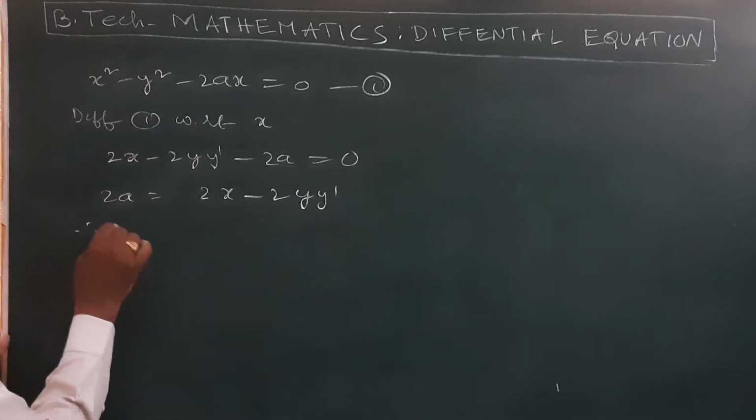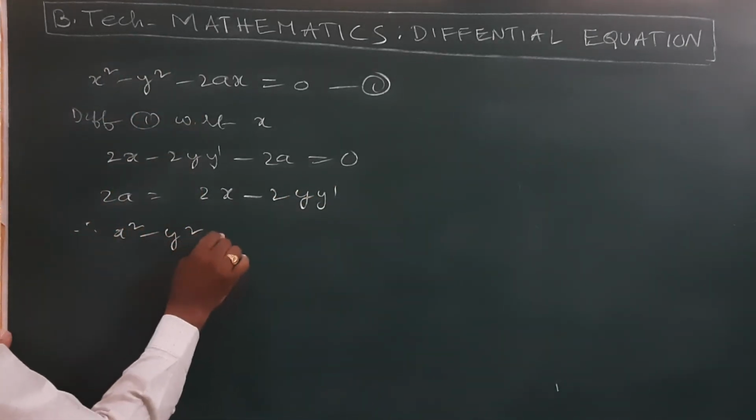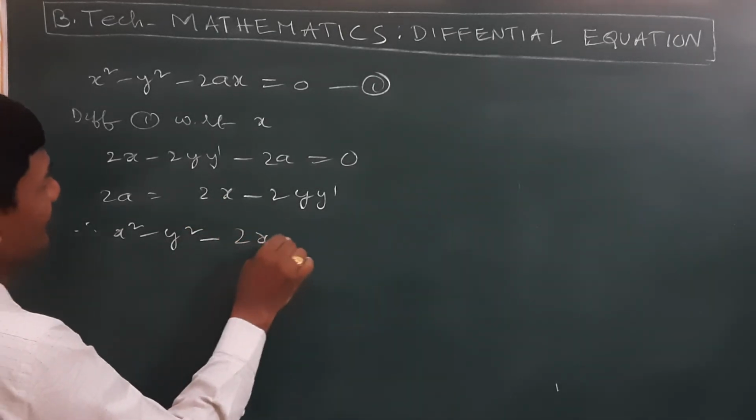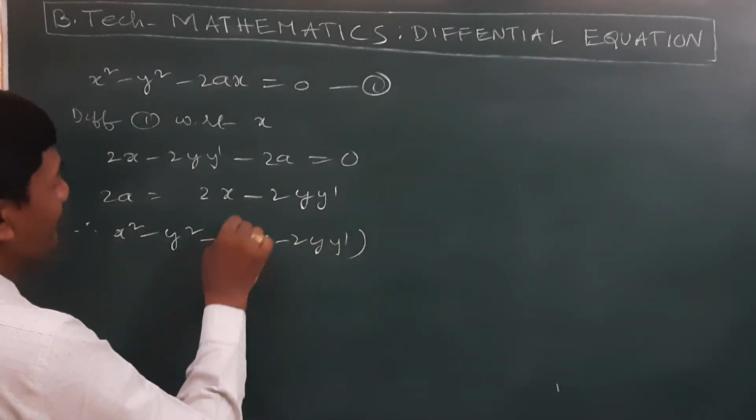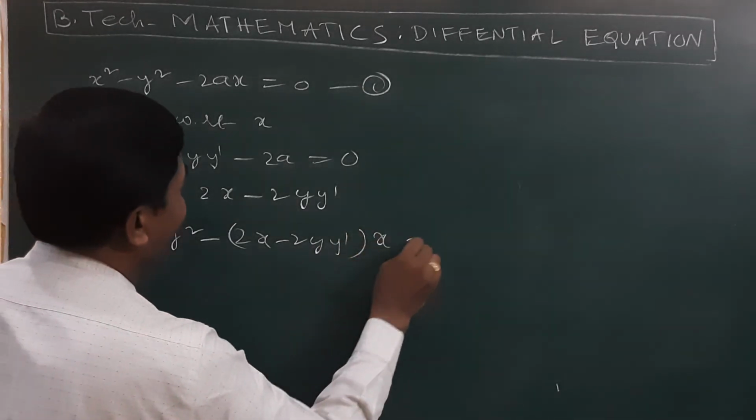Replace that value, therefore x square plus y square minus (2x plus 2y into y dash) into x is equal to 0.